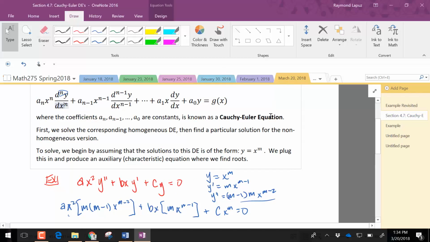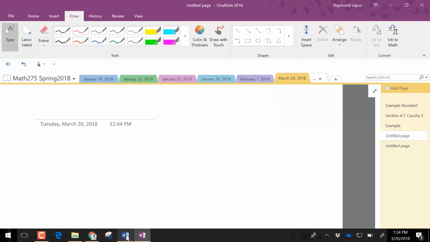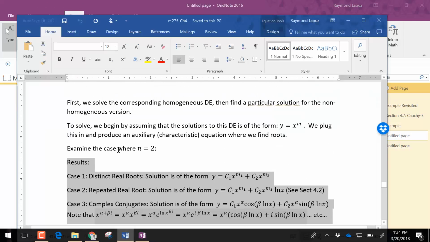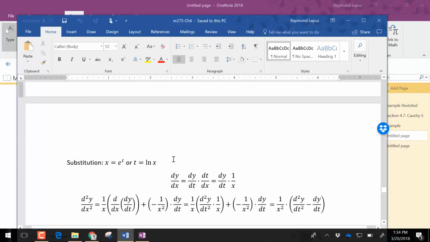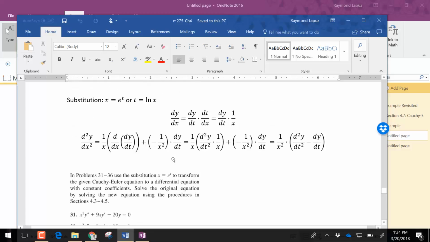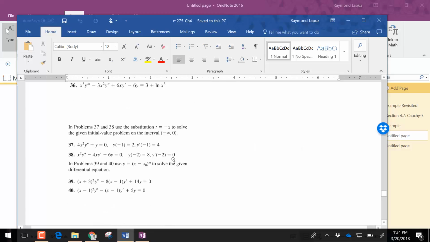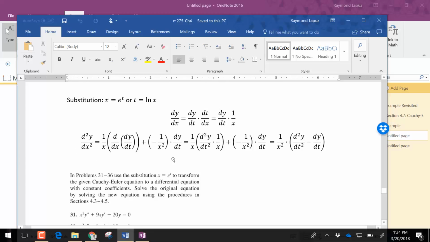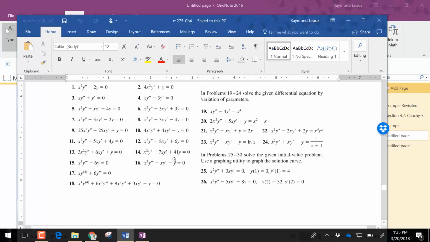Now, when we want to solve for the non-homogeneous type of differential equation, we're going to try to use the same tactics, and then use variation of parameters. So let's try.